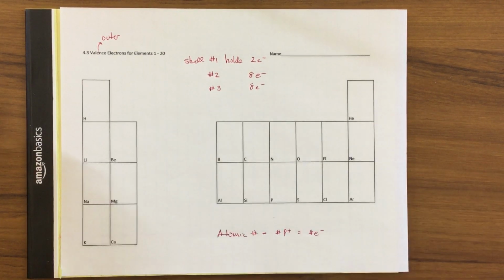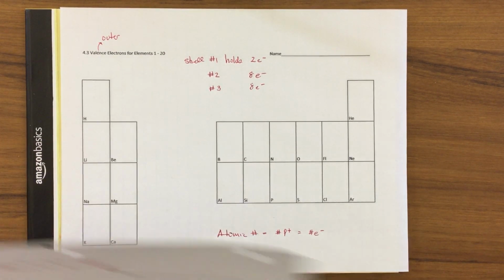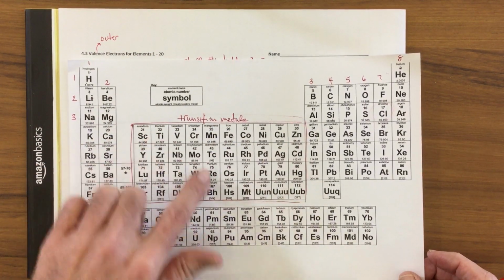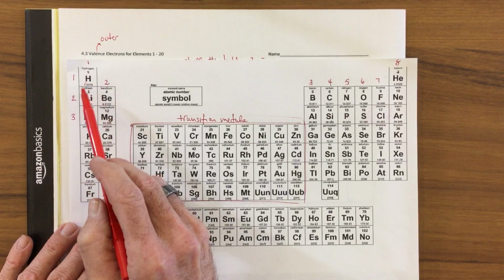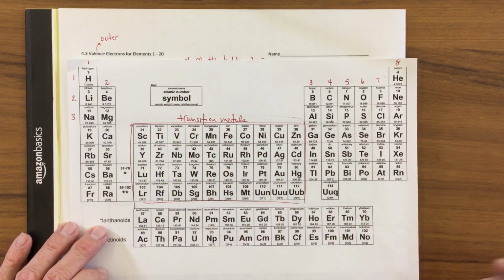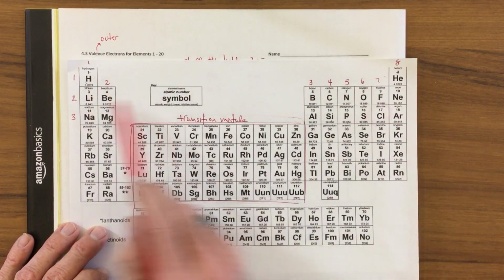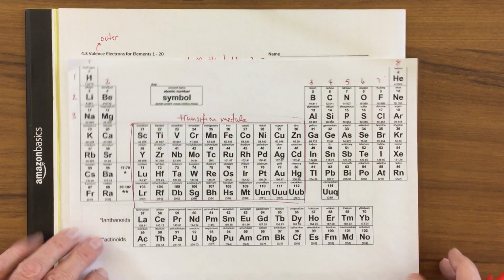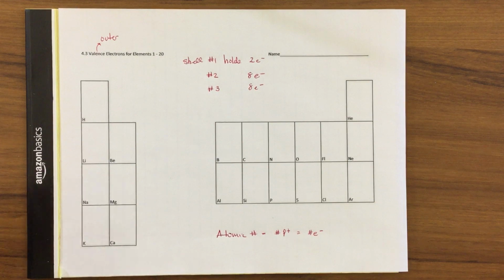I've abbreviated this periodic table to remove some of these transition metals because we're really only looking at these groups right here. You notice there's this space right here. We're looking at the first period, second period, third period, and then the fourth period as well. So let's go ahead and take a look.